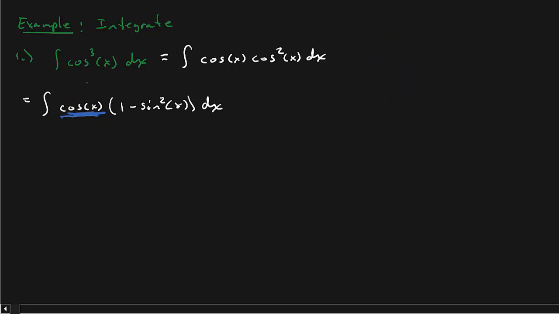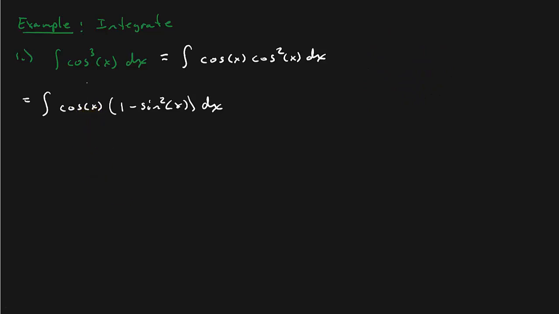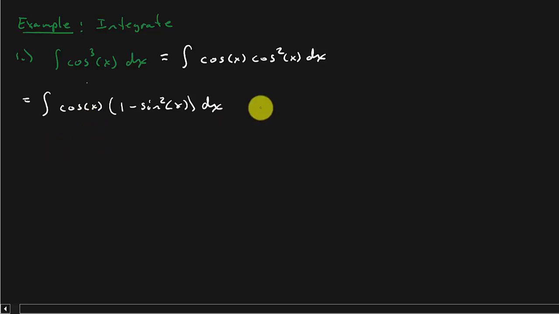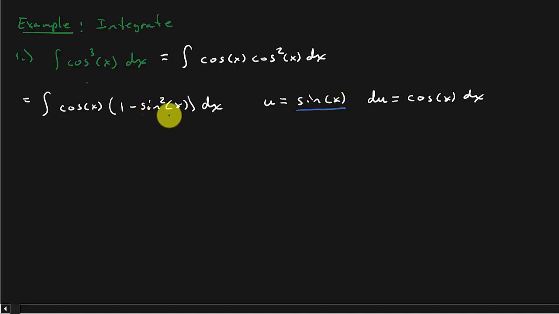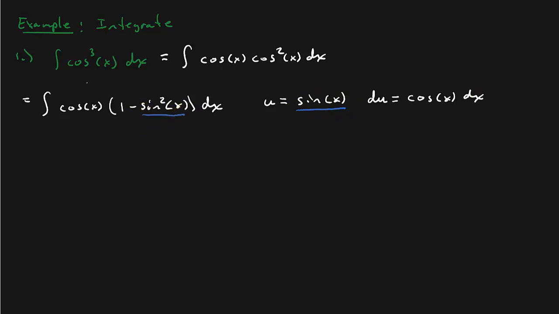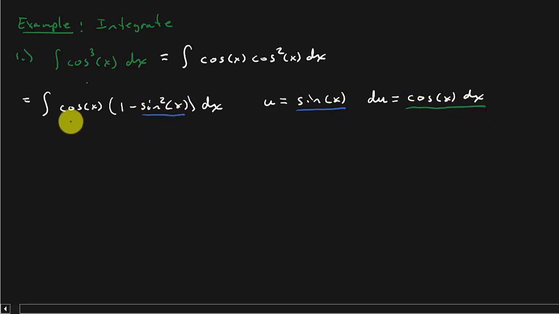So I'm going to let u equal sine x, and so du is equal to cosine x dx. And so you can see here the sine x, I'm going to replace that with u, and then the cosine x dx, I'm going to replace with du.